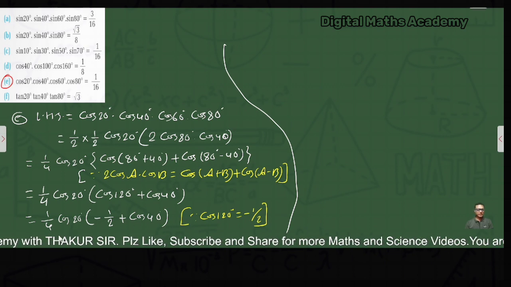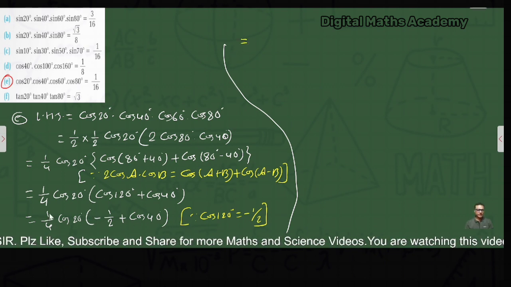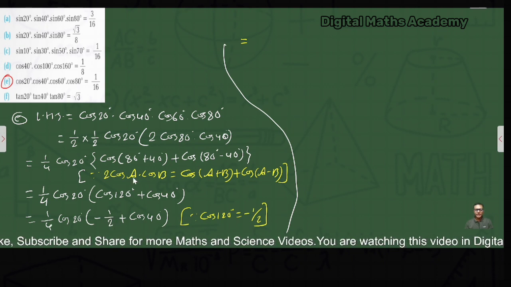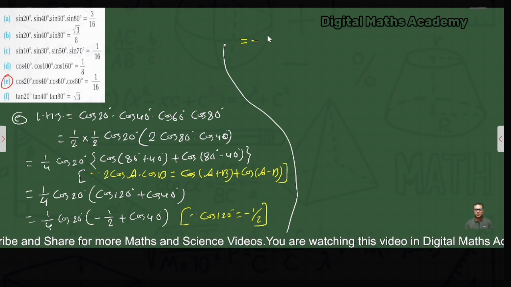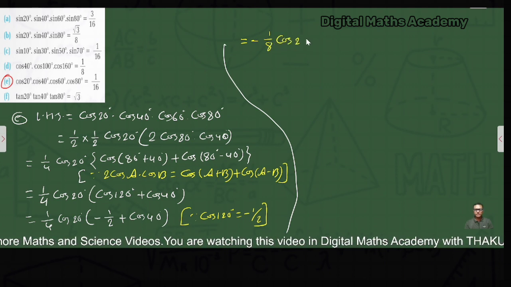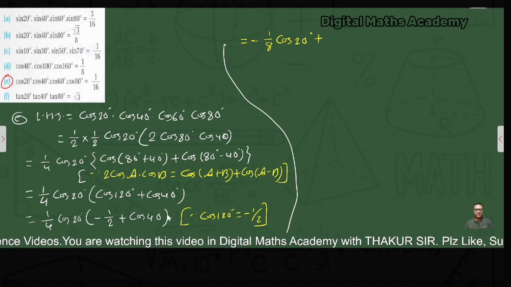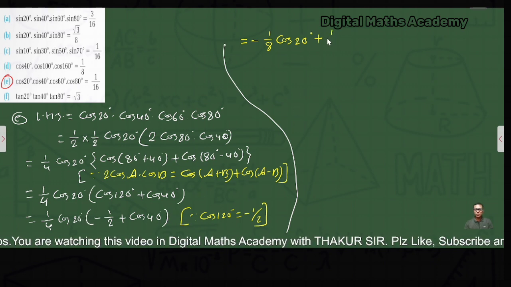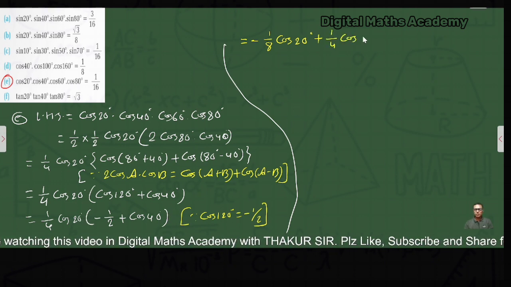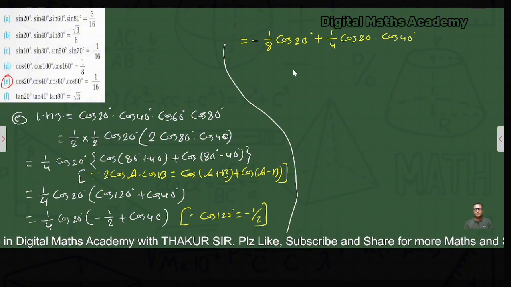Now we are going to simplify it. So let's simplify. So we are going to open the bracket. When you open the bracket, we get here 1 by 4 into minus 1 by 2, that gives us minus 1 by 8 cos 20 degree plus 1 by 4 cos 20 into cos 40. So we write here 1 by 4 cos 20 dot cos 40.